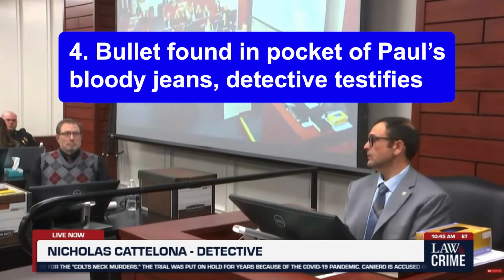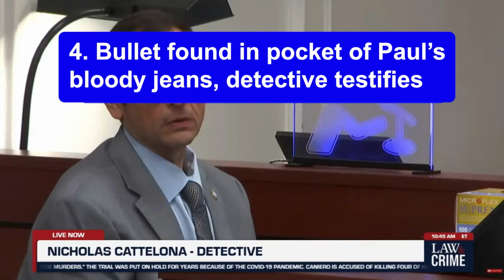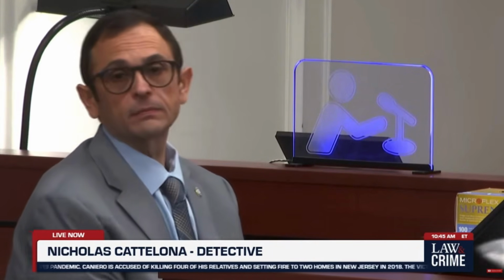Now, you talked about jeans that were located, correct? Yes. And were they part of what was sent to the New Jersey State Police Lab? Yes. For purposes of testing? Yes, sir. And I'm going to show you what's been marked as 232.